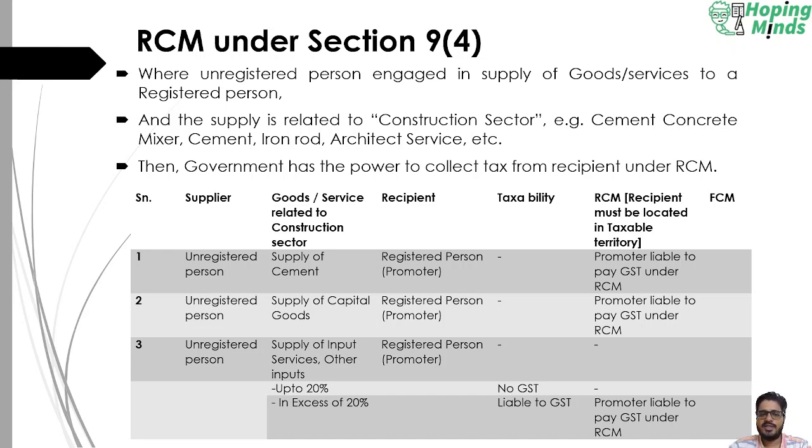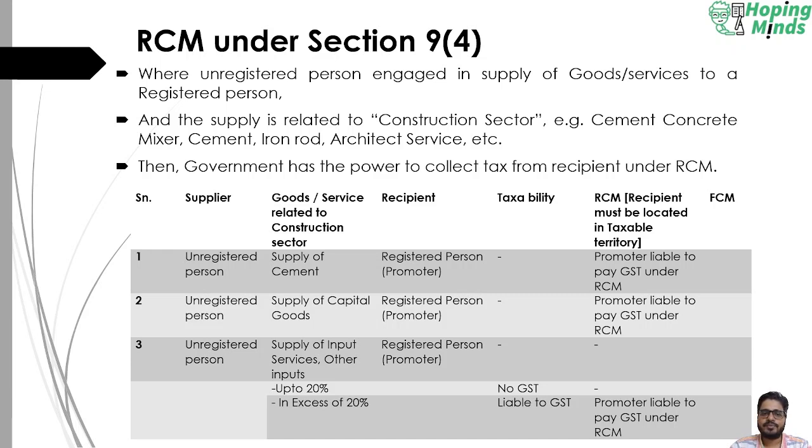If an unregistered supplier supplies cement to a registered person in relation to a construction project, then the recipient of the goods, that is the cement, will have to pay GST under the reverse charge mechanism on such supplies. This is specific, as cement falls under the 28% tax bracket and hence the reverse charge tax amount will also be paid at the rate of 28%.